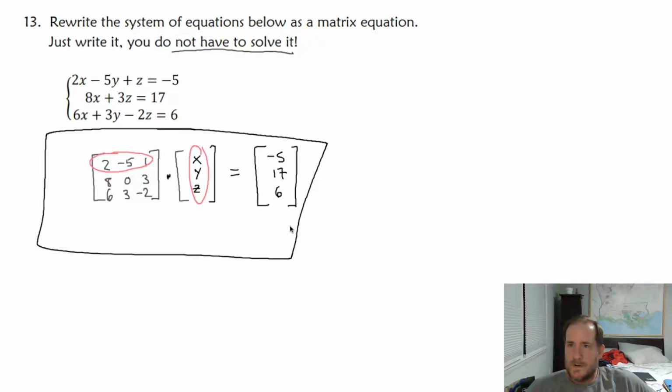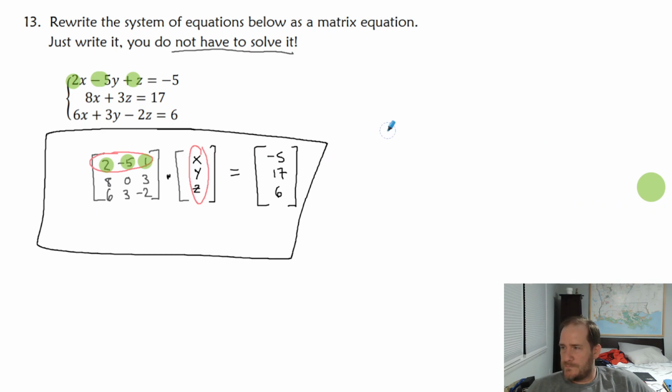Next, we come to 13. 13 is pretty simple too, because we talked about this a bunch for sure. We said that anytime you want to convert a system of equations into a matrix equation, you're just going to want to grab your coefficients. So the 2, the negative 5, and the 1, and that's how you get the first row of your coefficient matrix.